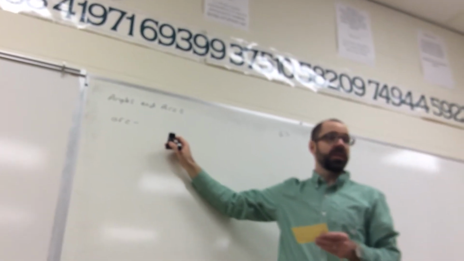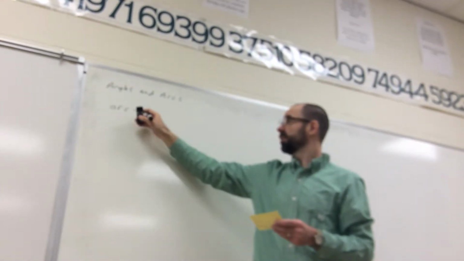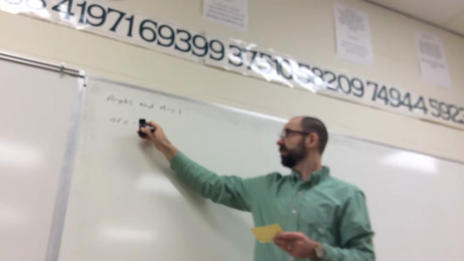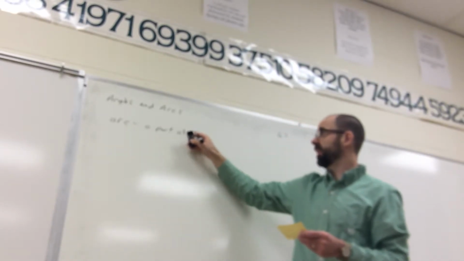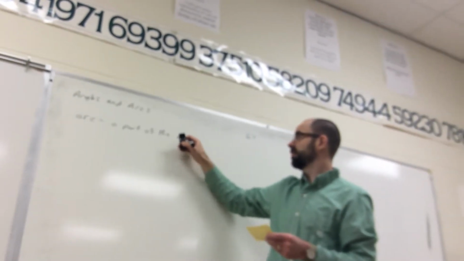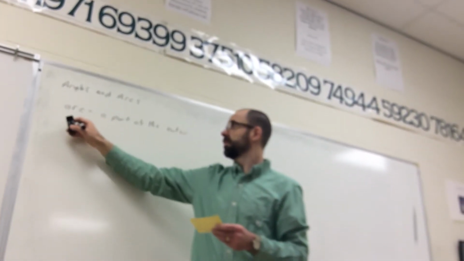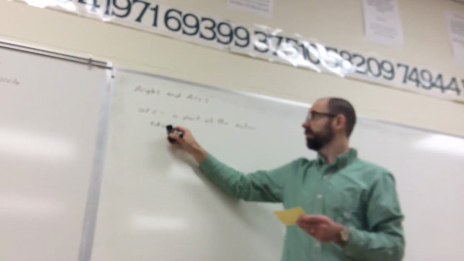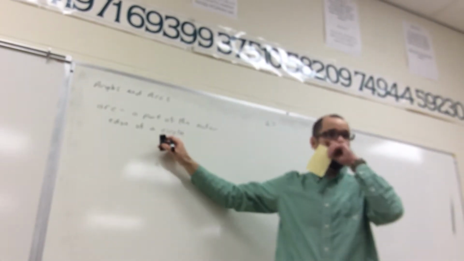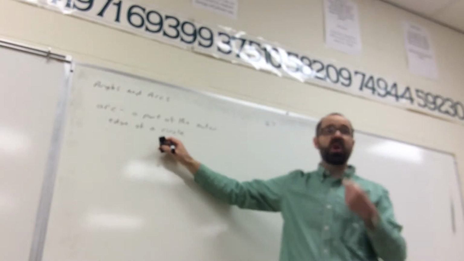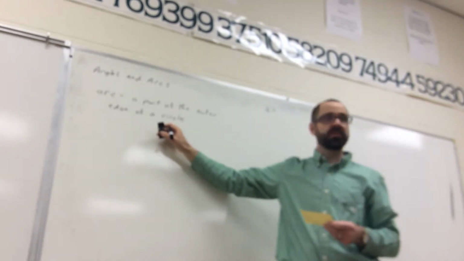And an arc is a part of the outer edge of a circle.